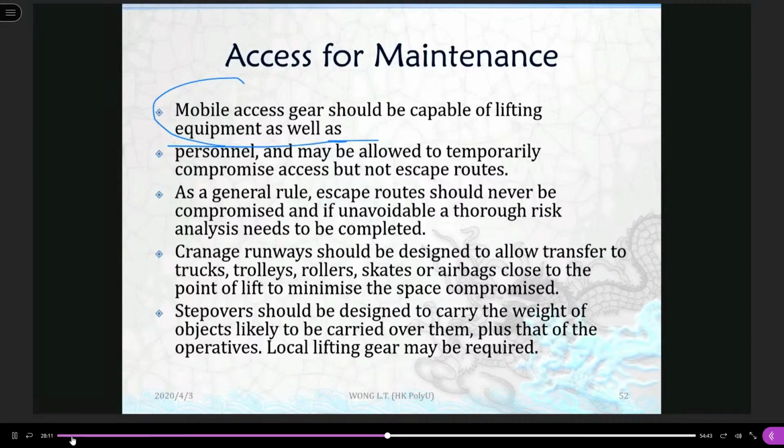The runaway should be decided to allow a transfer to the trunks, the trolley, rollers, those of the tools, and point to the lift to minimize space compromised. Step overs should be designed to carry the weights, the objects likely to be carried over them, particularly for the high ones. You need to provide some steps.